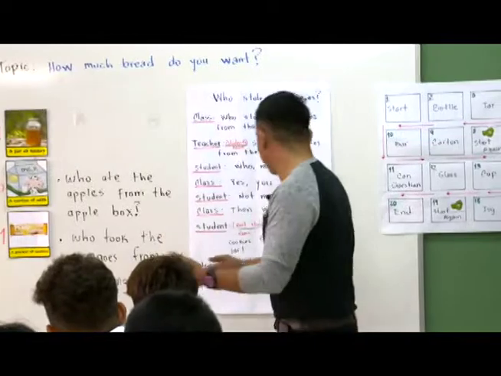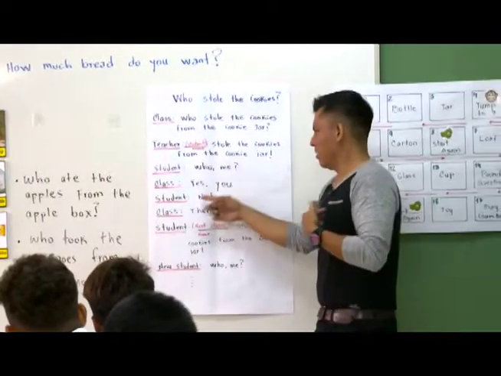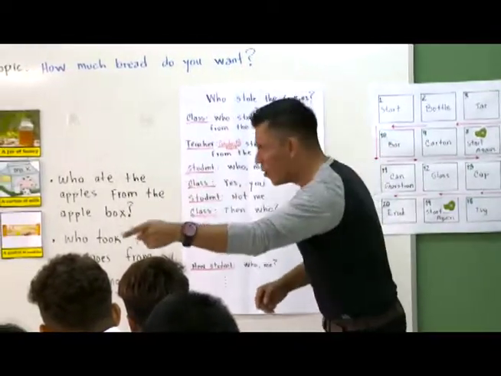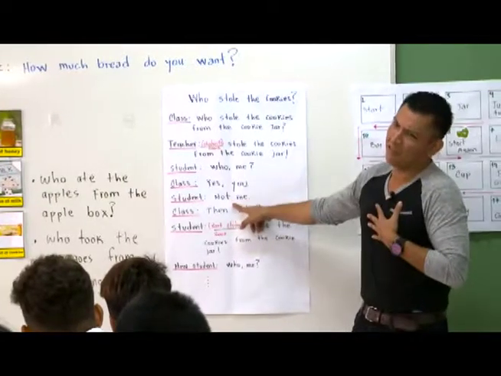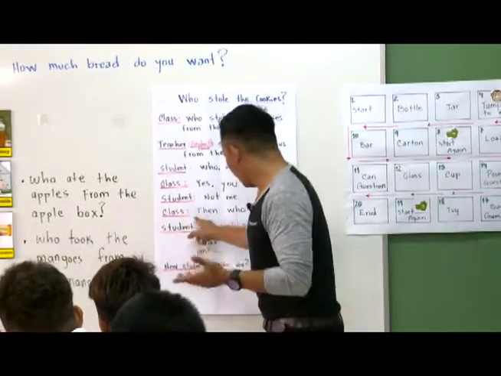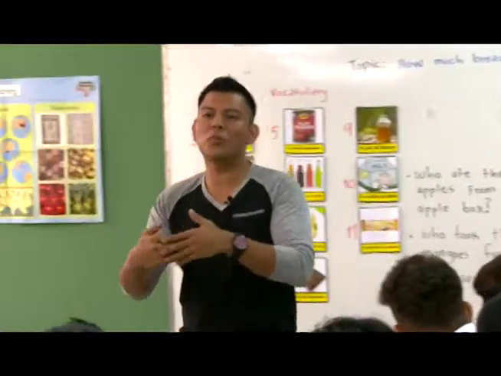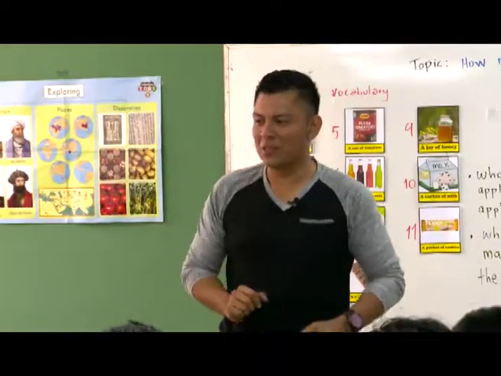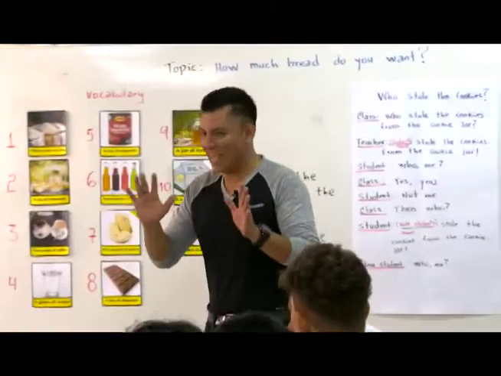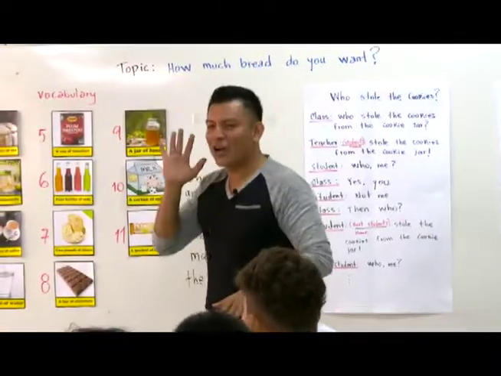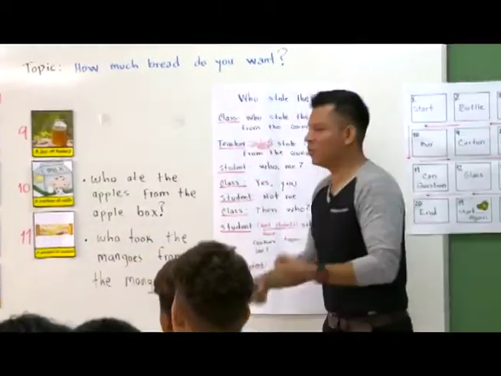So Pedro is gonna say, who, me? And the class is gonna say, yes, you. Not me, Pedro is gonna say. So the class is gonna say, then who? And Pedro is going to point at another student. Okay? Did you understand? Yes or not? Yes. All right.